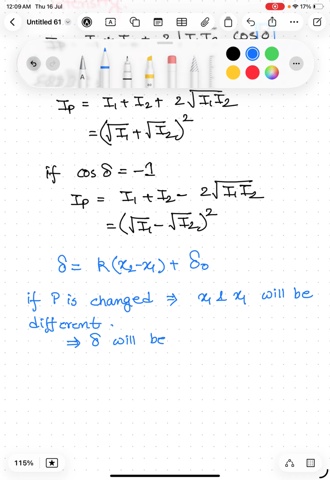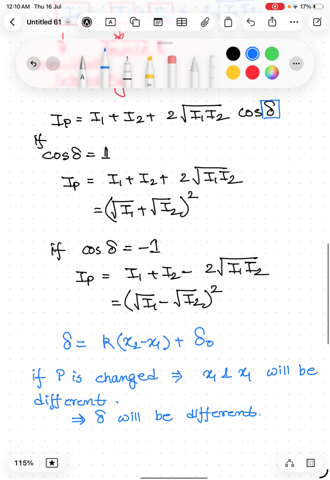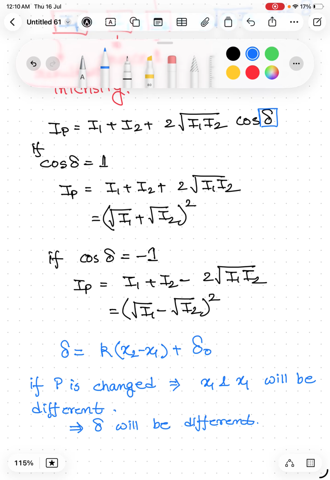I can choose various values of delta because we are going to take various positions of P. For some P for which cos delta equals 1, I am going to get the maximum intensity. For cos delta equals minus 1, I am going to get the minimum intensity.